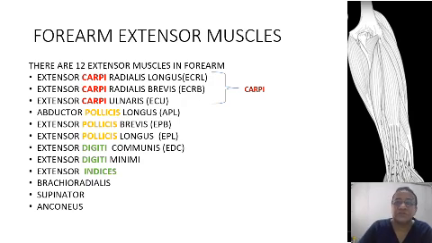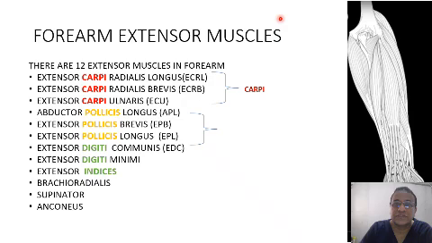These muscles are the wrist extensors. Extensor carpi radialis longus extends and abducts the wrist.